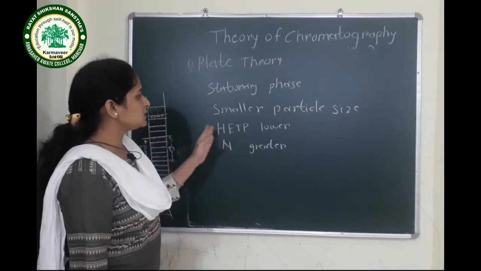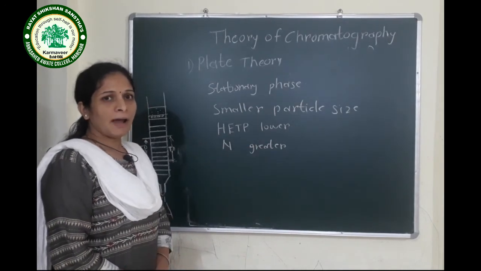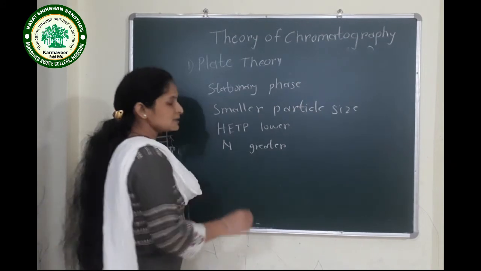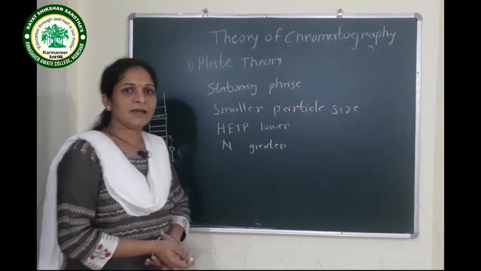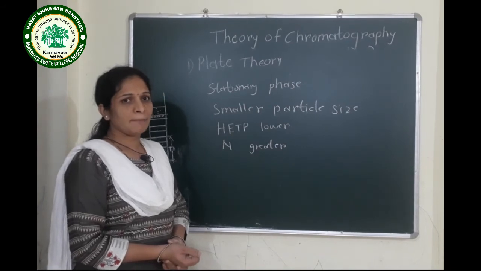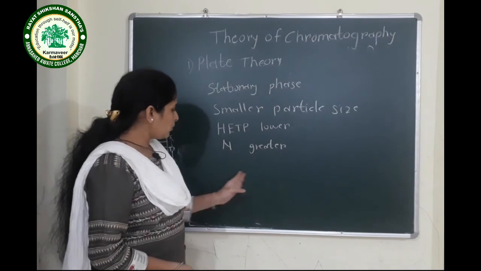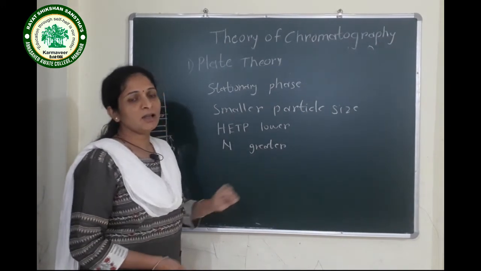Why does small particle size give a greater value of N? Because as the particle size decreases, the surface area increases. As the surface area increases, what happens? The bonded phase components on the stationary phase will increase.